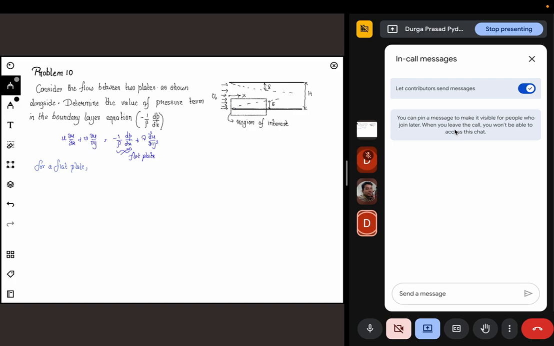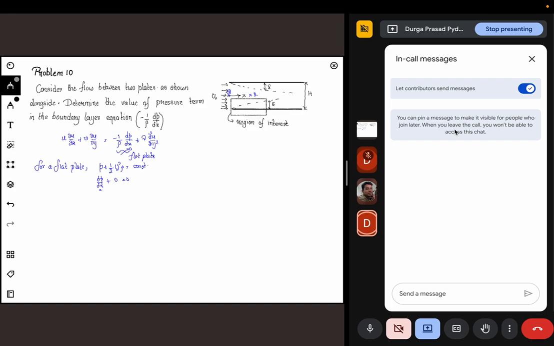So we said for a flat plate, we have the Bernoulli's equation which says p plus half rho u square equal to constant. And because u is constant, this term is constant, so dp by dx equal to 0. But in this scenario, here the boundary layer comes, here the u naught is going. Let's take this point as 0 and a point here as 1.